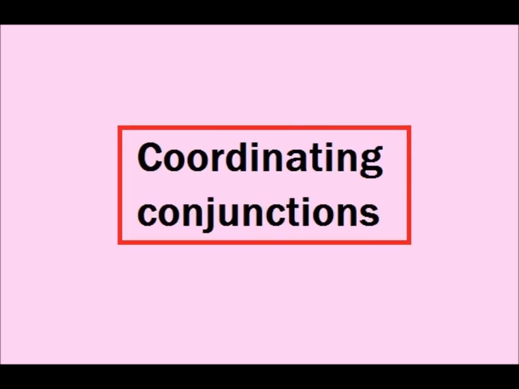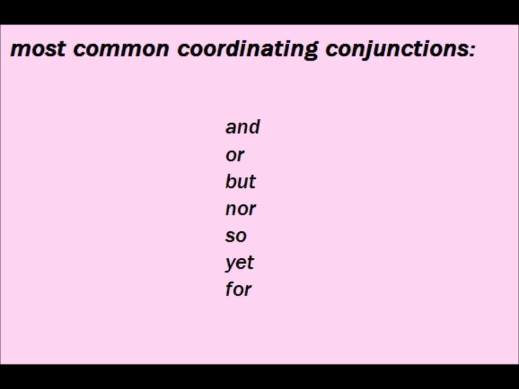In English, the coordinating conjunctions can be used to link two or more items that have equal grammatical status. And the most common coordinating conjunctions are and, or, but, nor, so, yet, and for.